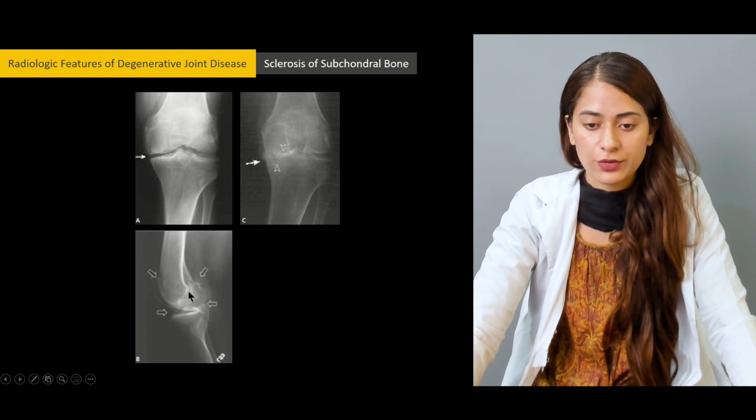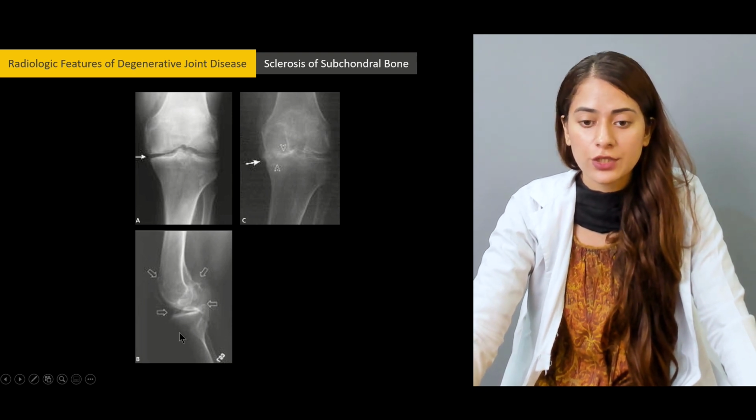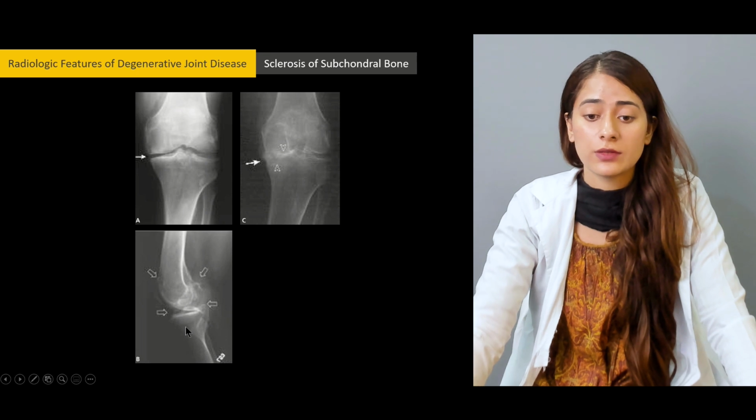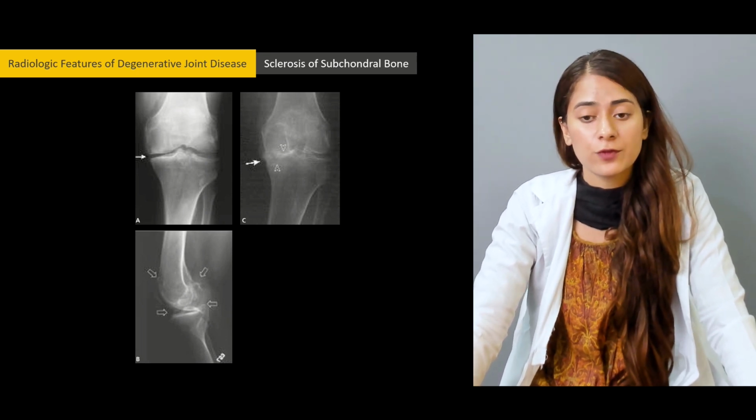So here also these bright lines are showing the sclerosis of bone, meaning that there is increased periosteal activity here, which will result in further narrowing of space, which can also result in osteophyte formation.